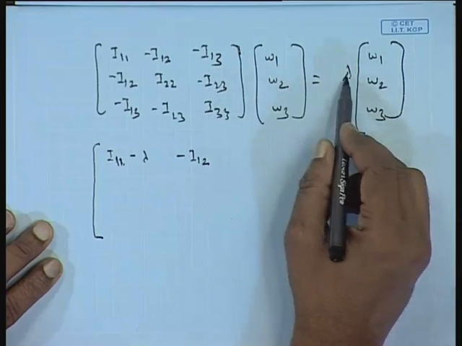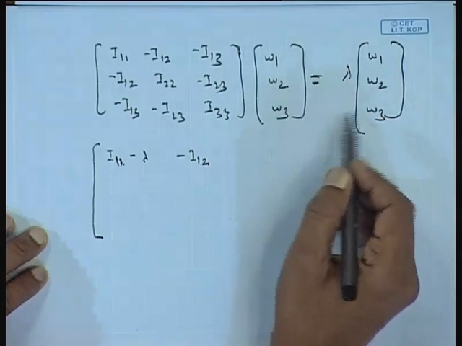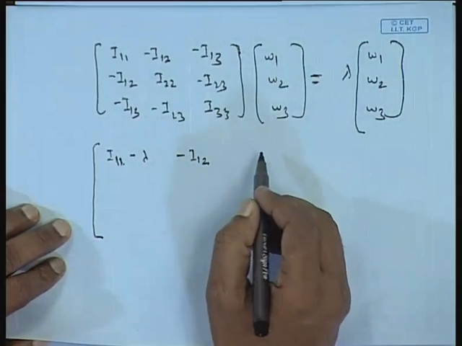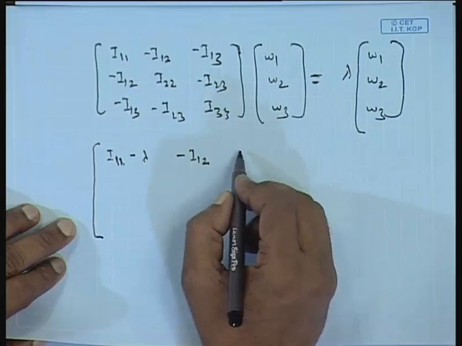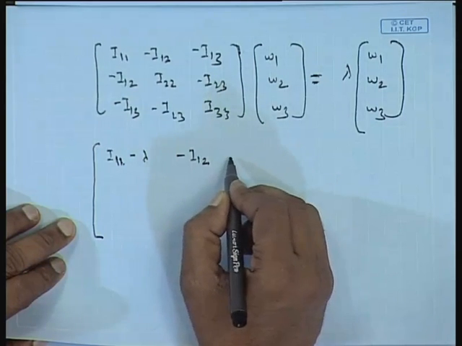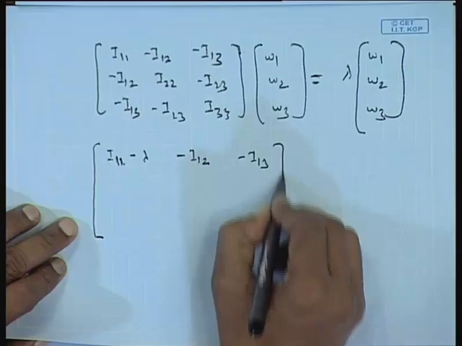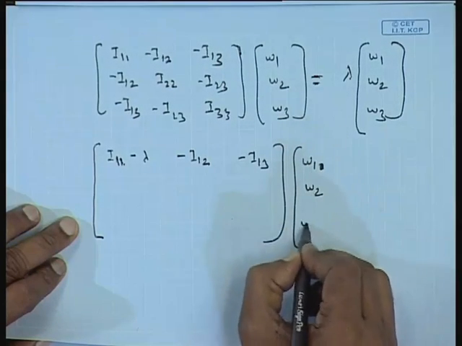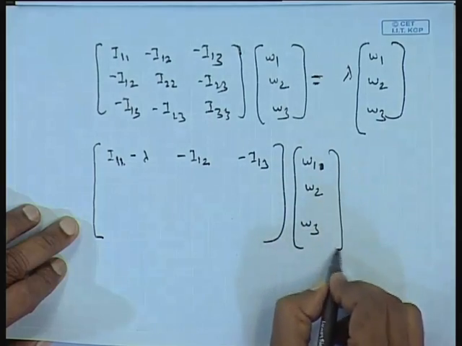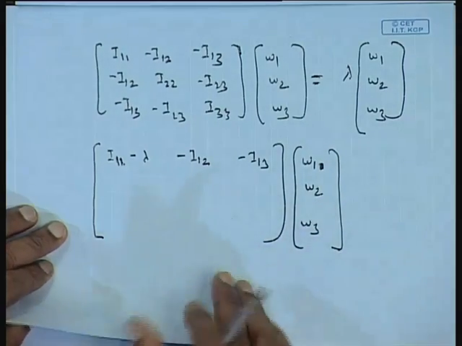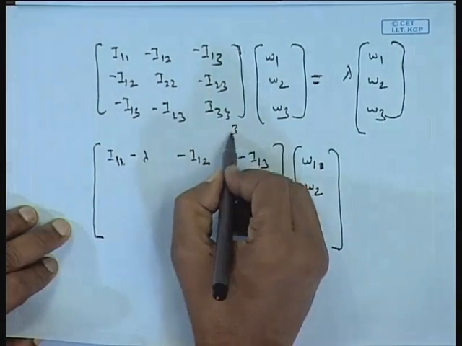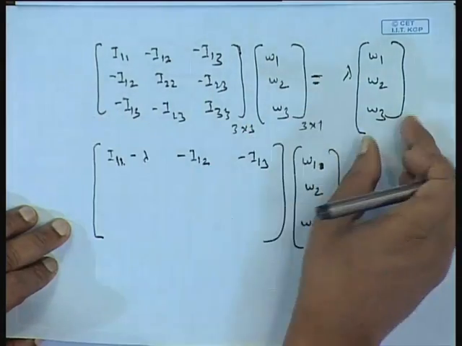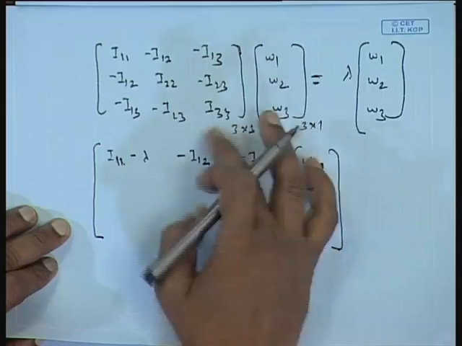It is very easy doing this. Omega 1, omega 2, omega 3, because you remember this product, this is a 3 by 3 matrix and this is 3 into 1.